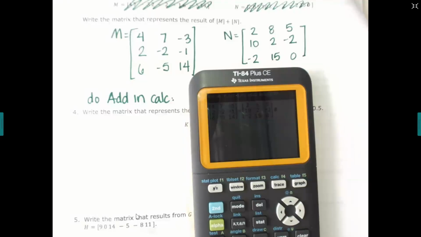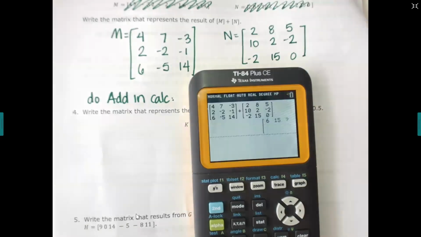Okay, so remember, I know we talked about RF last time, but you're only doing RF if you're solving. So if they're just asking you to add, subtract, multiply, you don't need the RF.